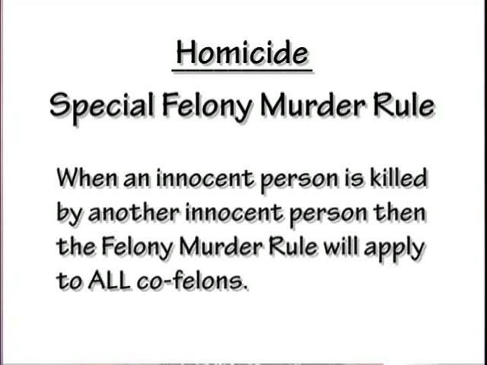However, when an innocent person is killed by another innocent person, then the felony murder rule will apply to all co-felons. Again, when an innocent person kills another innocent person during the commission of a crime, felony murder will apply to all co-felons in that situation.